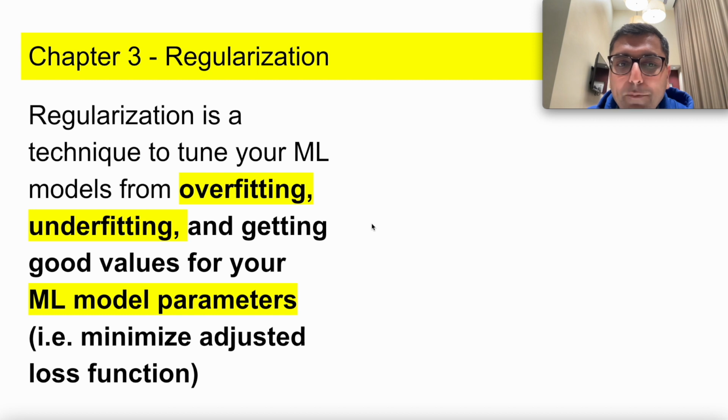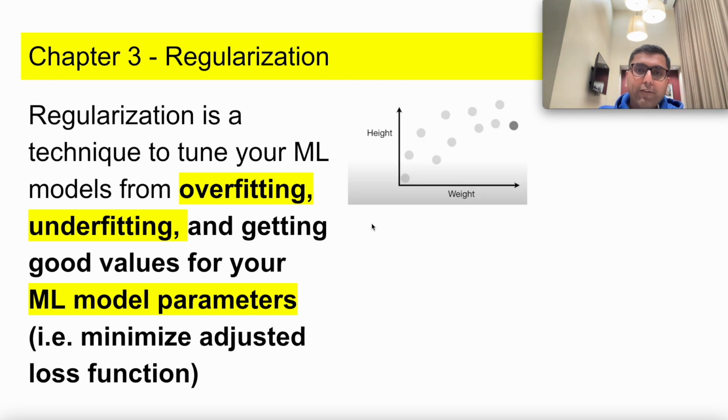So let's take an example of overfitting to understand this. Let's say you have data points for various mice. You have weight and height, and you're trying to, from the independent variable weight, predict the dependent variable height. What we've learned in chapter 2 is we can use linear regression, right?